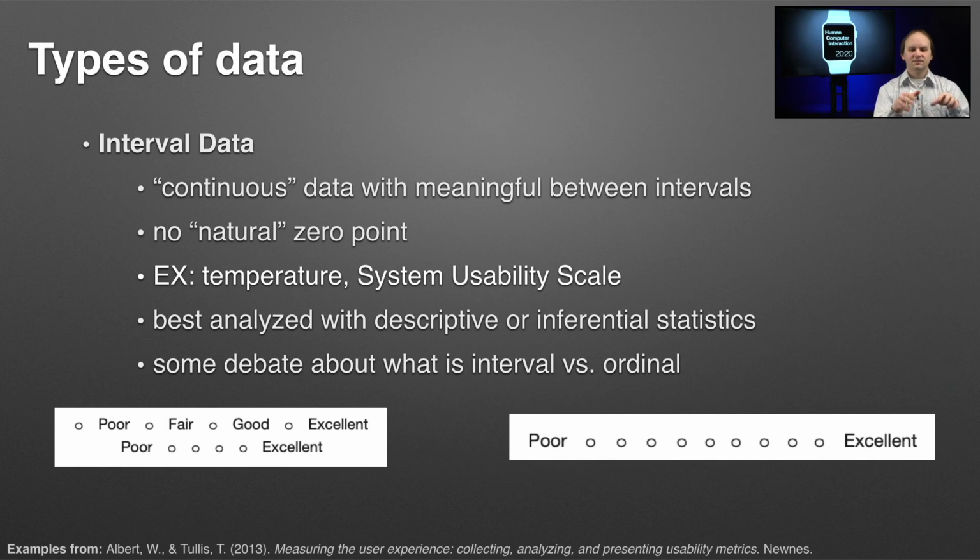And so of course there's debate about interval versus ordinal and when it crosses over. The little snippet I have on the left here is a version of this scale. One has each bubble labeled, and then one just has fewer bubbles in between the two anchors. And so the question is, where does it make sense to consider it one or the other?